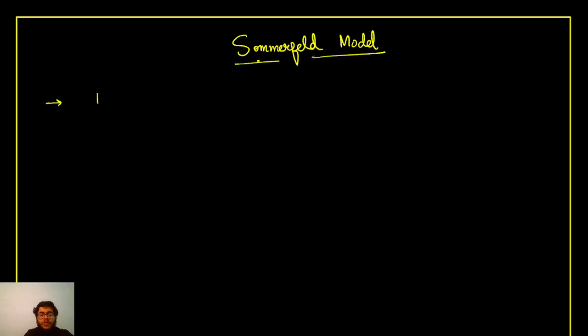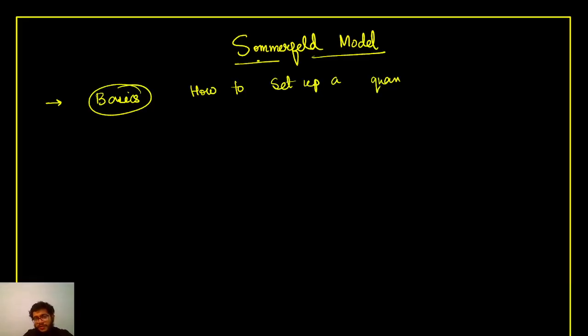So what we will cover here is only the basics: how to set up a quantum mechanical system. Because now we are moving to quantum mechanics, we are moving to the Sommerfeld model. What we want to learn more about is the quantum mechanics behind the system.